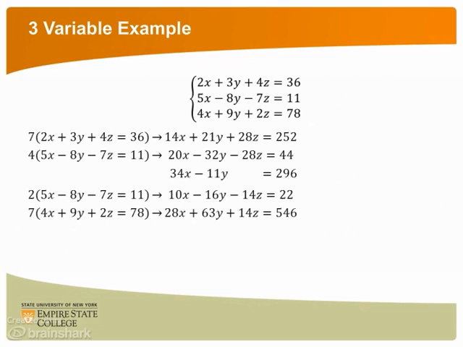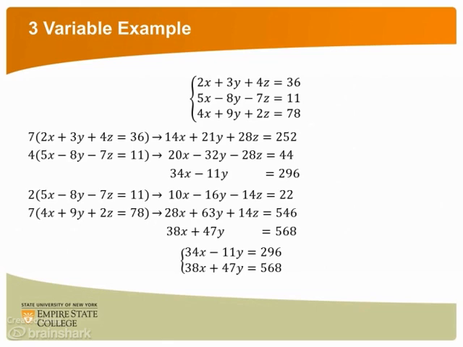Multiplying through, we have 10x minus 16y minus 14z equals 22, and 28x plus 63y plus 14z equals 546. Adding straight down, the z's cancel out, and we are left with 38x plus 47y equals 568.